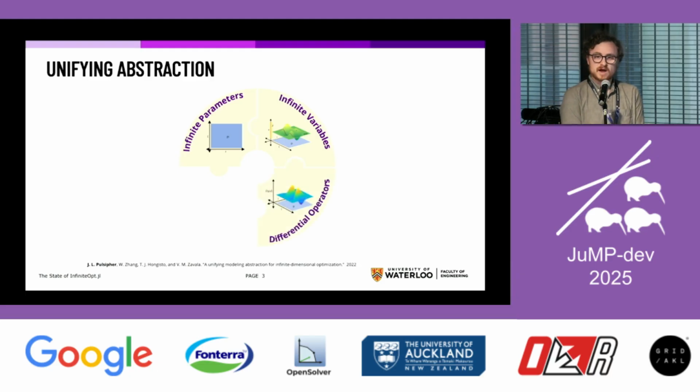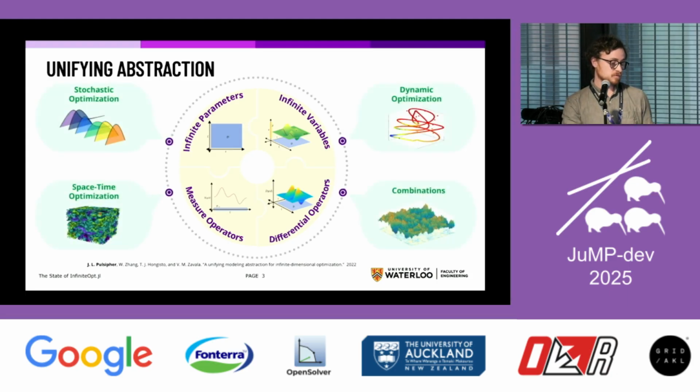We can have differential operators, like derivatives or things used to make differential equations, or Laplace operators, and measure operators that can help us summarize the resulting infinite dimensional variables and expressions. So this gives us a framework to model problems across a wide range of optimization fields, and this is the abstraction that is behind InfiniteOpt.